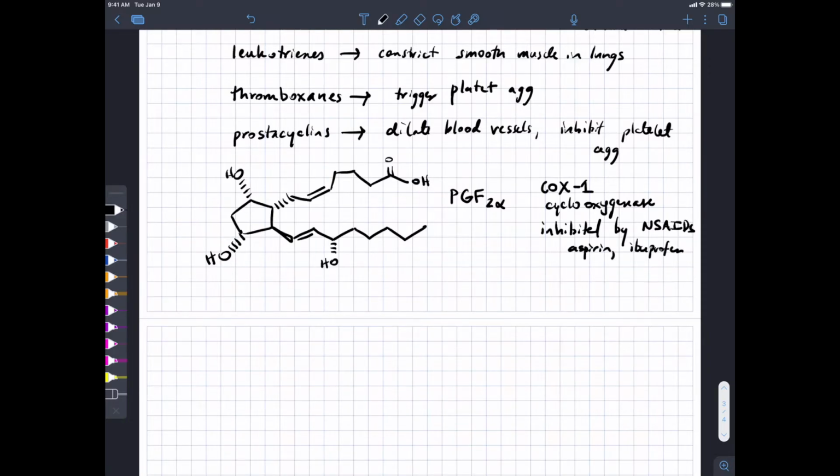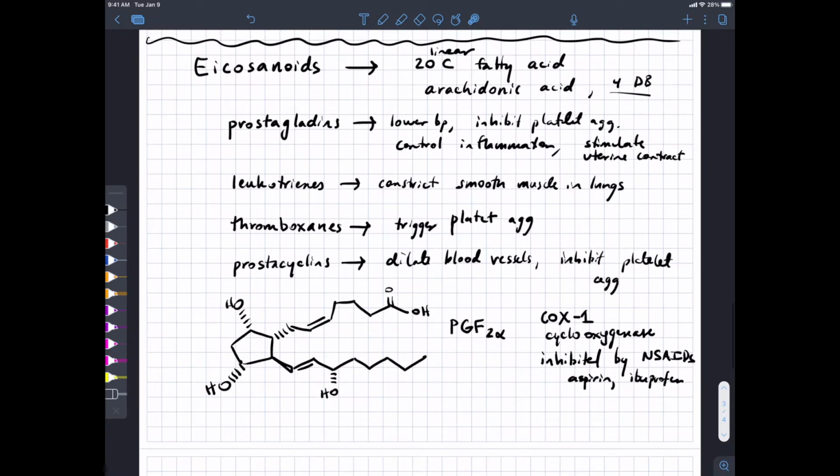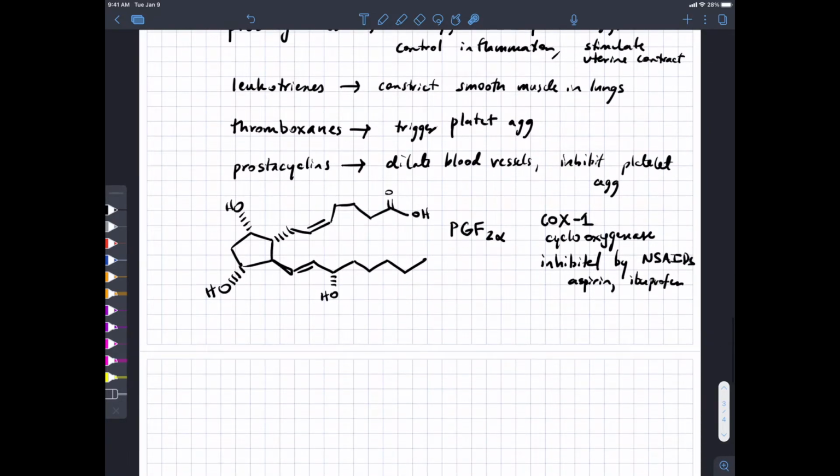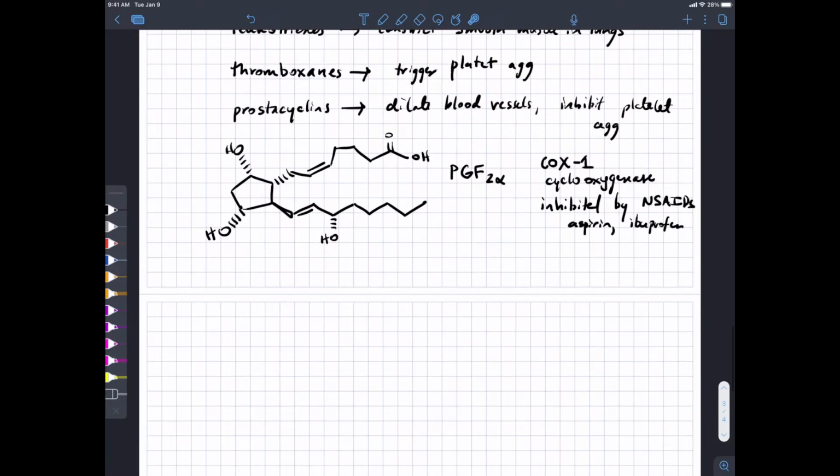You can go on the Protein Data Bank and search for cyclooxygenase 1 in complex with aspirin, and you can see what aspirin does. It actually gets in and blocks a tunnel that the fatty acid needs to get through to get to the active site. At least that's what I think I remember learning.